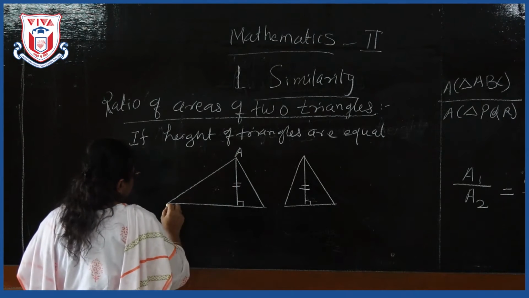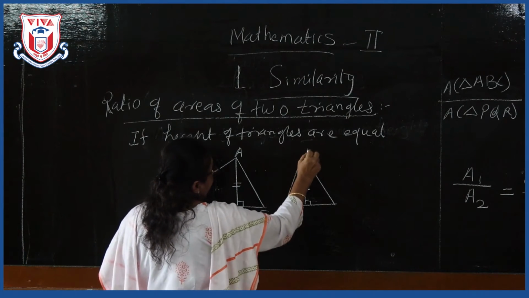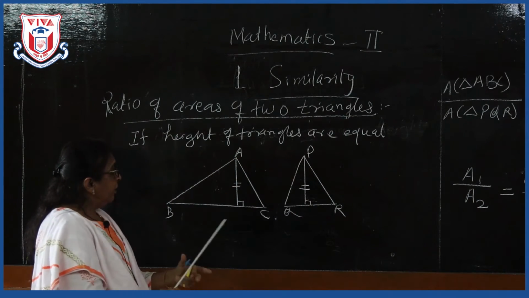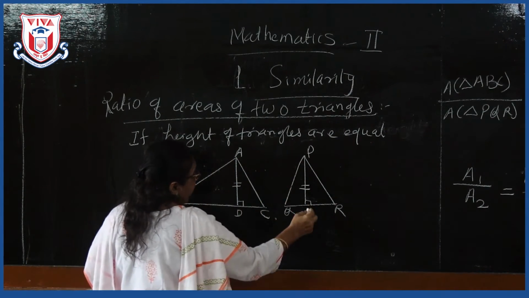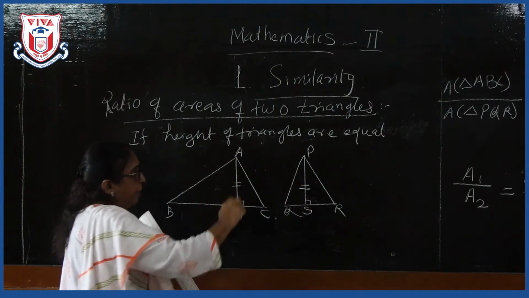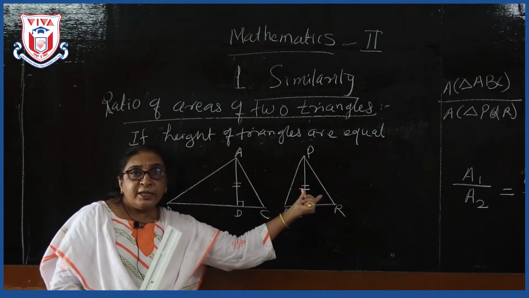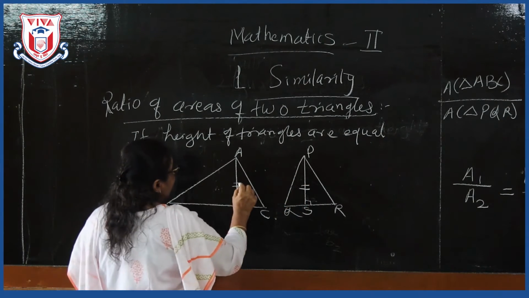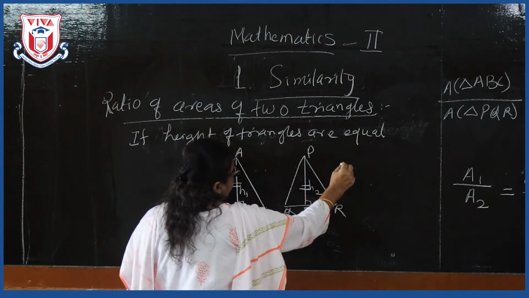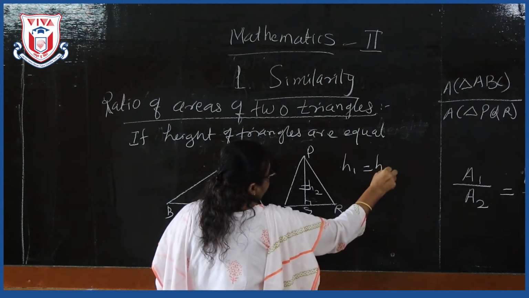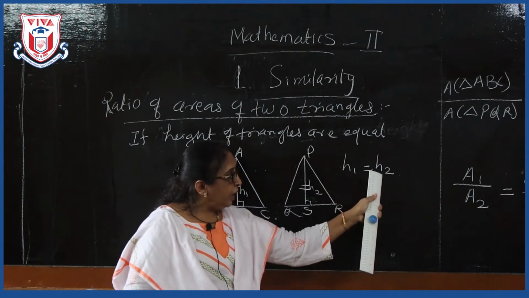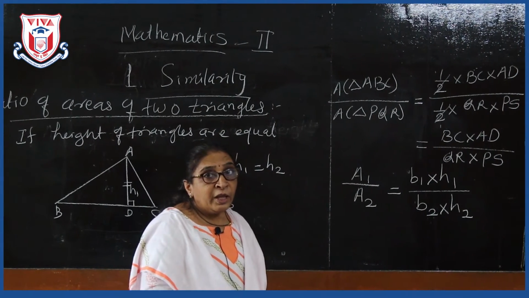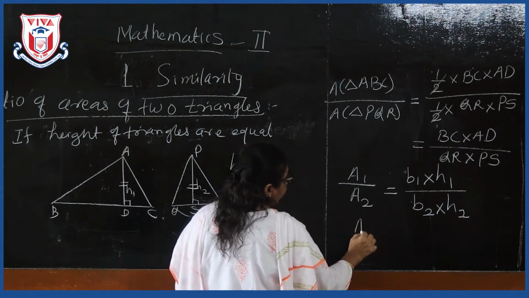In these two triangles ABC and PQR, I am considering here height AD and here height PS. If both the heights are equal, then H1 will be equal to H2. Now in this formula, if H1 and H2 are equal, then we get another ratio.